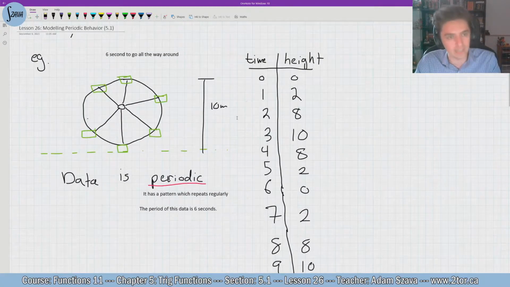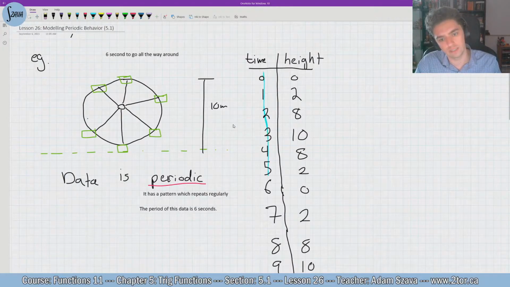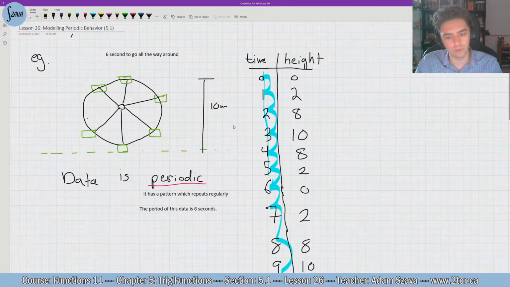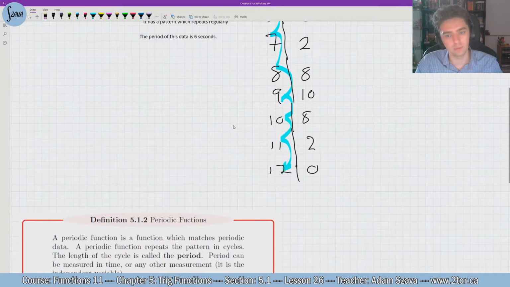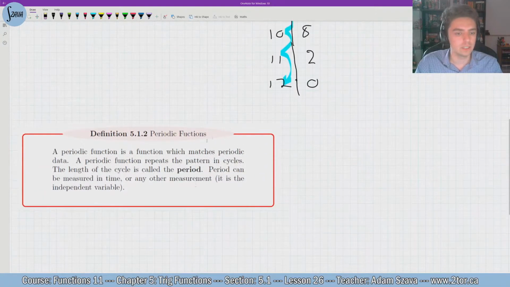So the length of a cycle here was 6: 1, 2, 3, 4, 5, 6 steps to get to the end, and then we repeat, and repeat again. So the length of the pattern here is 6 seconds. The period can be measured in time or any other measurement. It's whatever the independent variable is measuring.